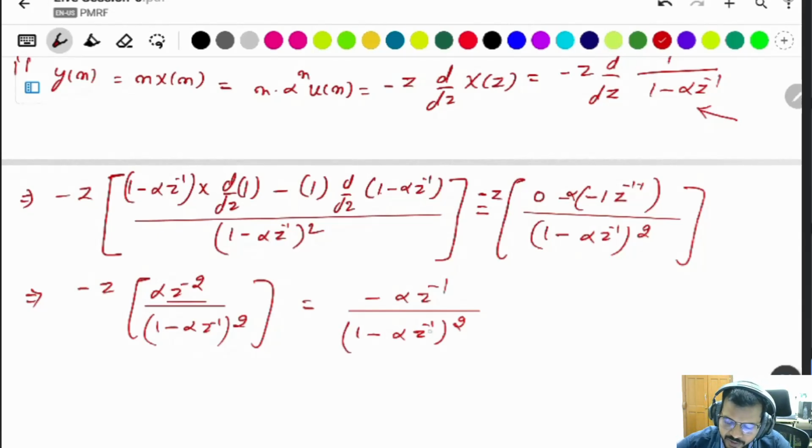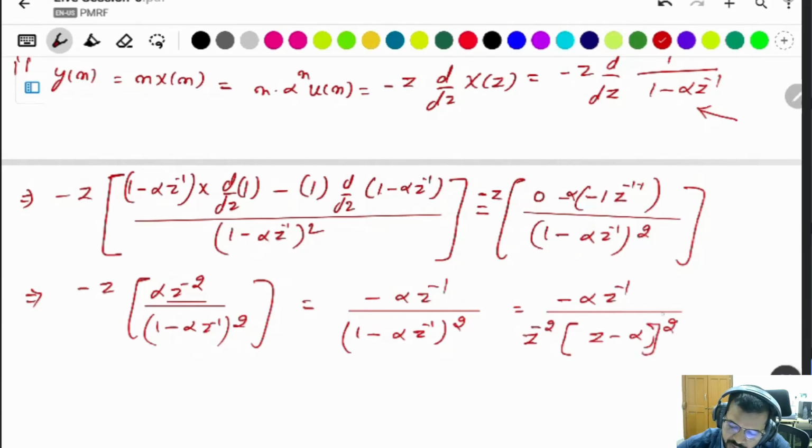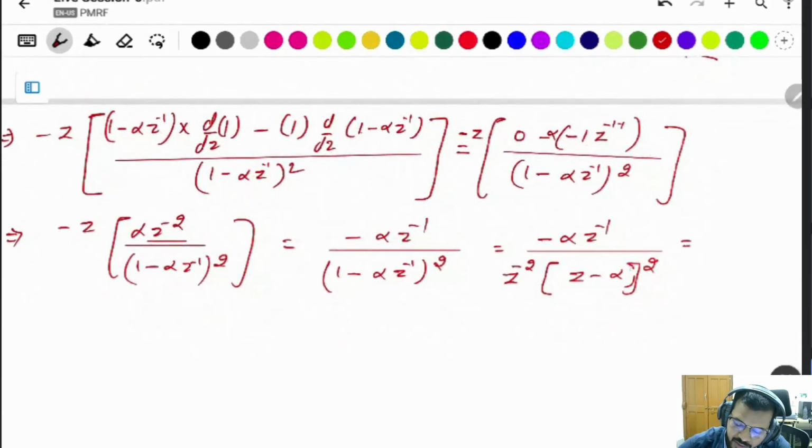If we take z inverse common from this one, then outside is z power minus, and because of the square, this will be z minus alpha square, positive on the upper side, and this will be minus alpha z divided by z minus alpha square.